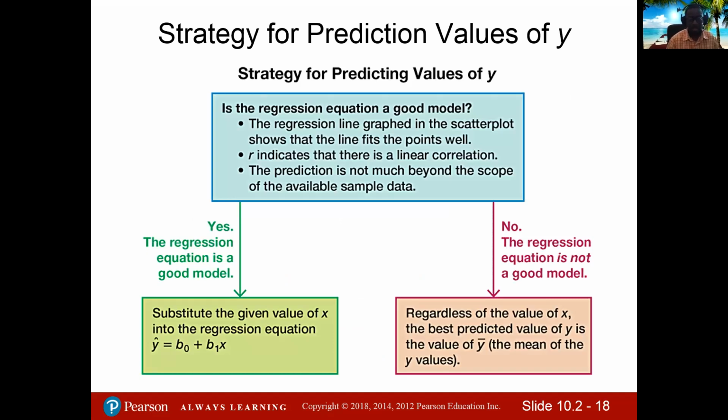That means the scatter plot shows the points follow a straight line, r indicates a linear correlation, and the prediction is not beyond the scope. If the answer is yes, use the regression model, or the regression line. If no, then use y bar for any x value, regardless of the x value.